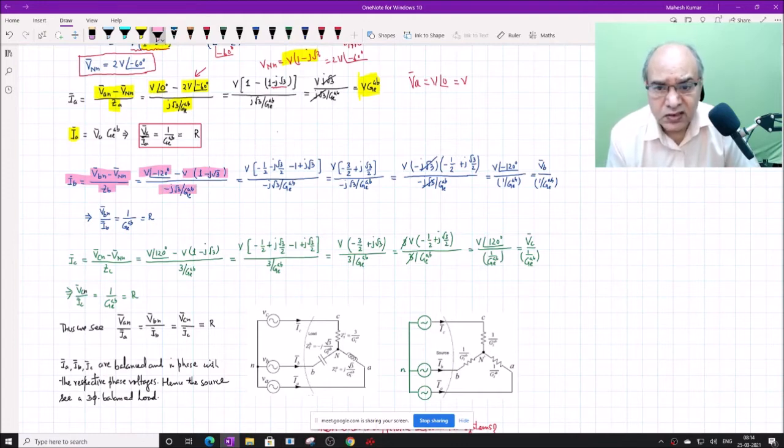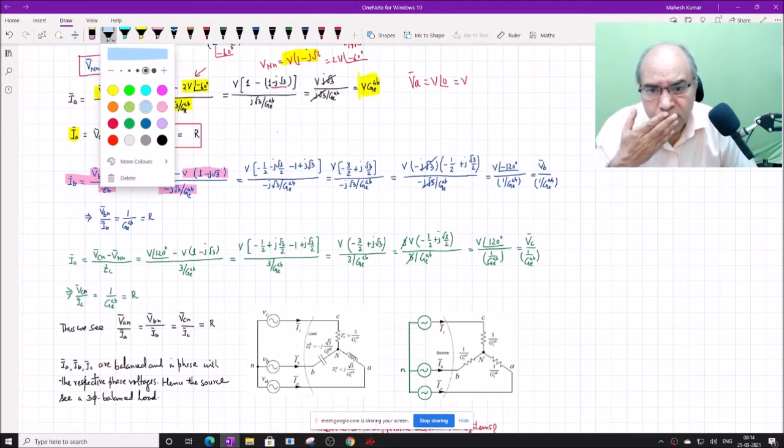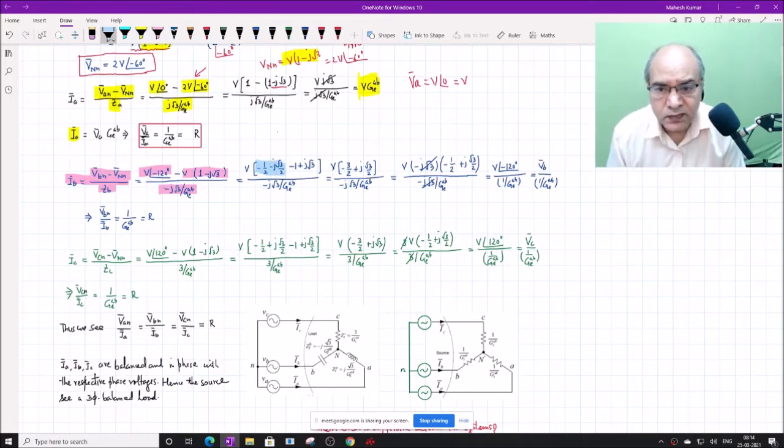You will see the first part is minus half minus j root 3 by 2, and then the second part is minus 1 plus j root 3. Join them, the real part becomes minus 3 by 2 plus j root 3 by 2, and then take common minus j root 3. Why do I want to take common minus j root 3?